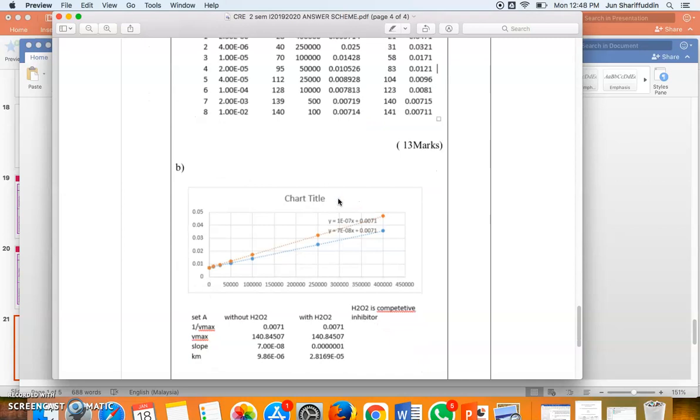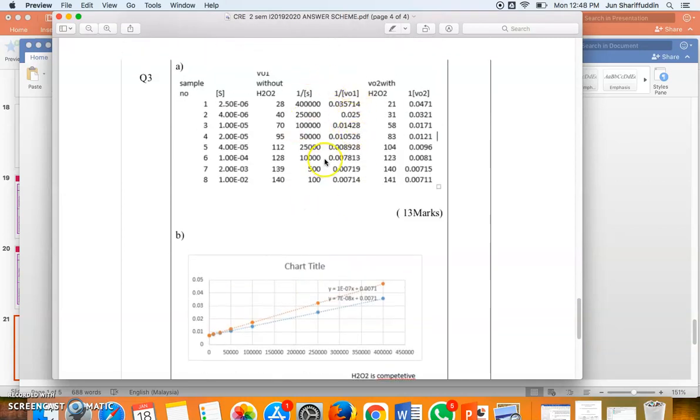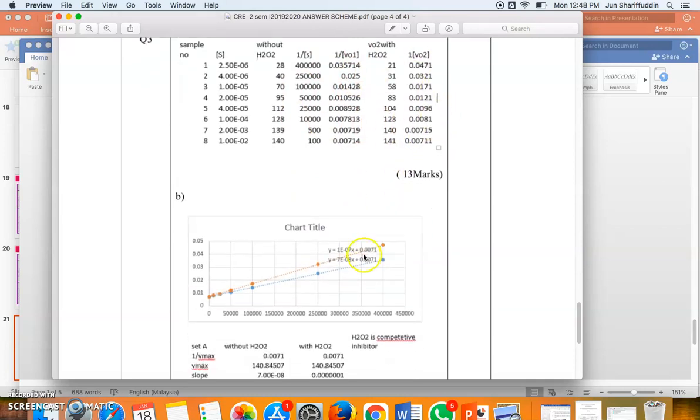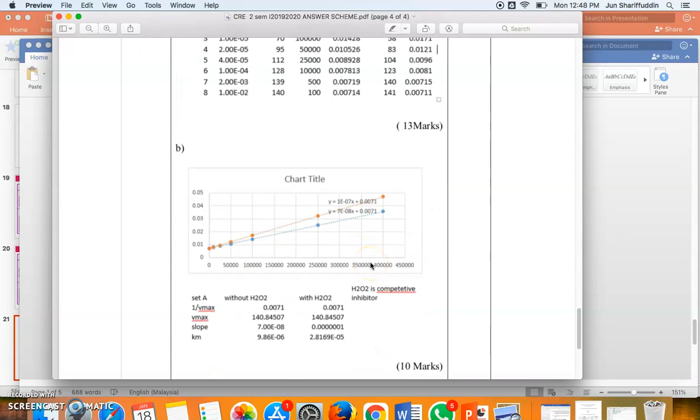When you plot it, this is the part without inhibitor. This is with inhibitor. I'm not sure which one, but I think the blue one is without inhibitor. You need to plot it manually. This is using Excel, right?